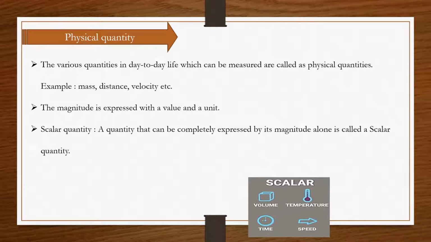The next example is that the fever, that is the temperature, is 101 degree Fahrenheit, etc.